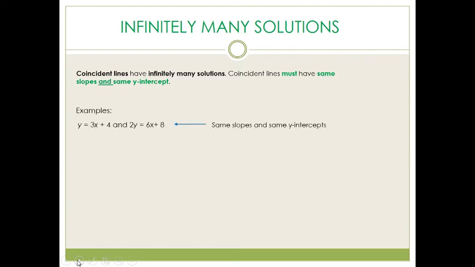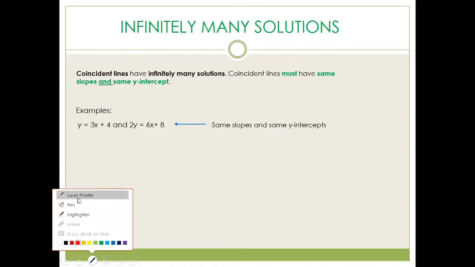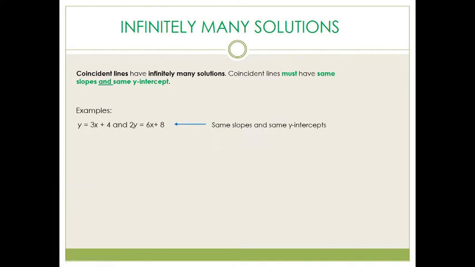So take a look at this example. Here we have y = 3x + 4 and 2y = 6x + 8. The lines look different. However, when you get them both in slope-intercept form, you notice that we really do in fact have the same line. That is because if we take the second equation and divide everything by 2, we end up with the line y = 3x + 4.